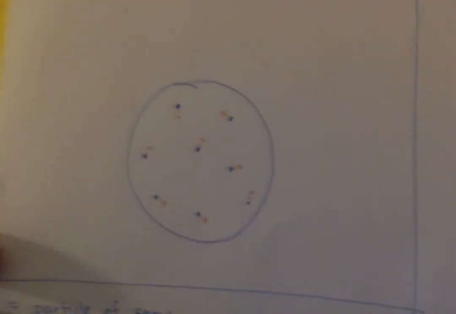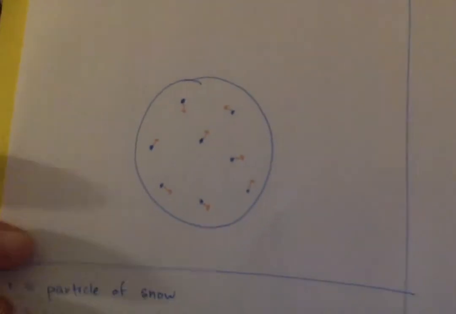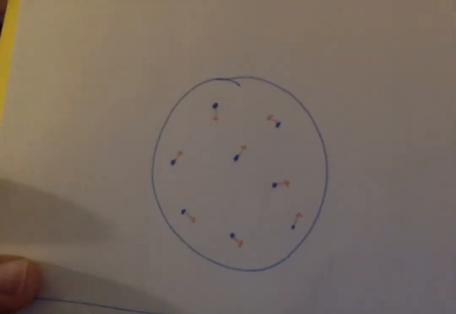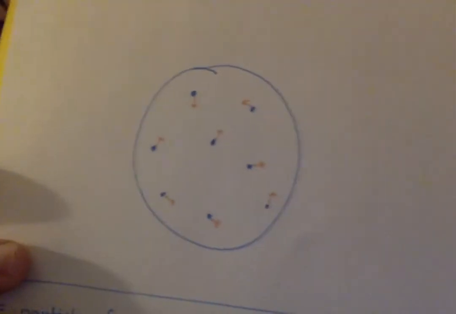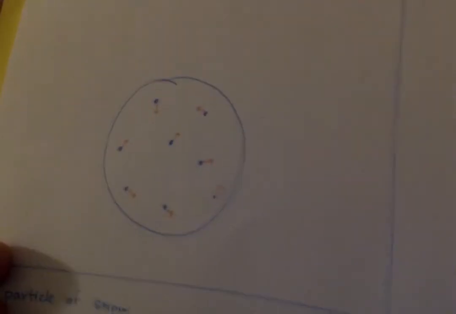And if you look closely, you can see that the particles are the same size, the particles are the same distance from each other, and the particles are moving at the same pace, or with the same speed. And you can tell that because I use little vectors, right? The magnitude of those vectors are the same.